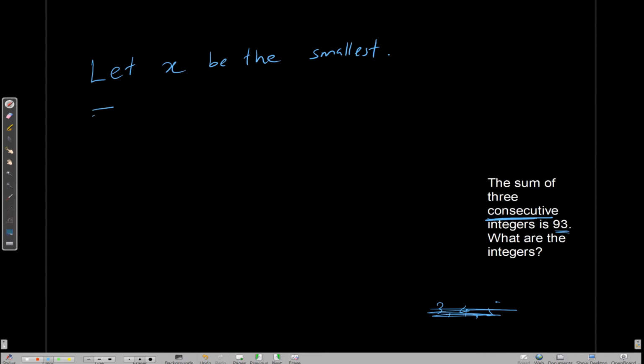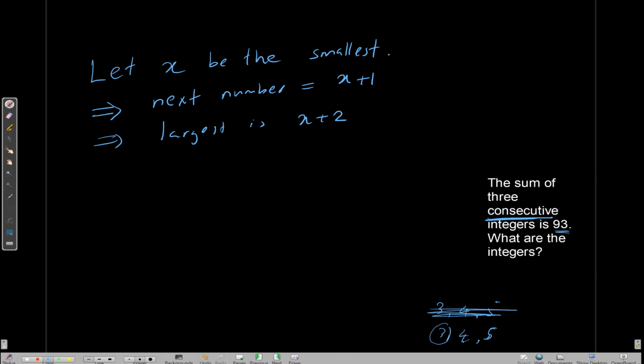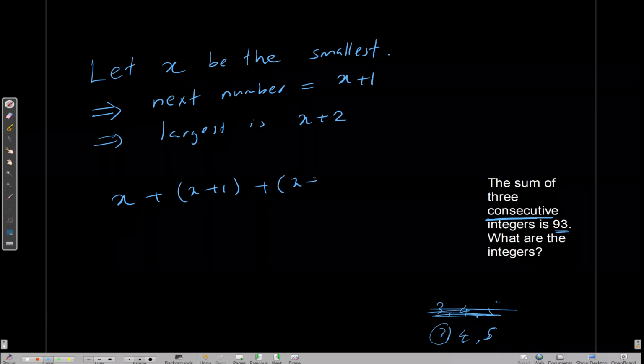Okay, if I choose my x to be the smallest, then how do I proceed? See, if x is the smallest, now look at here, 3, 4, and 5. These are consecutive numbers. 3, how do I get 4? By adding 1, right? So the next number is x plus 1. And the next number, the largest in this case, is x plus 2, right? So our equation is x plus x plus 1 plus x plus 2. Why?